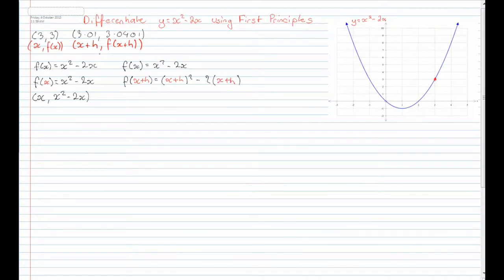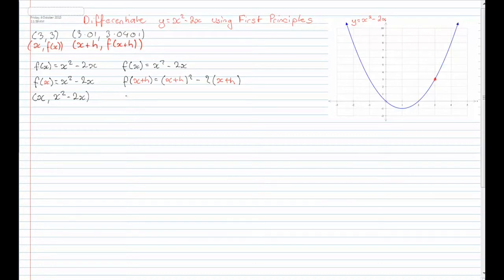So instead of substituting x for the second point, we're actually substituting x plus something that small. It could be about the size of an ant's testicle. So what we've got is f of x plus h is equal to x plus h squared minus 2 times x plus h, because instead of writing x, we write x plus h for every value of x.